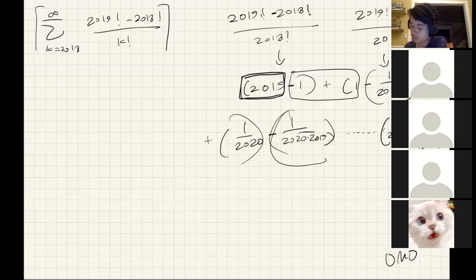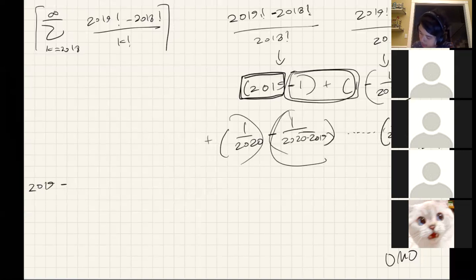So what do we add to 2019 to get our final answer? First of all, these two integers cancel out.